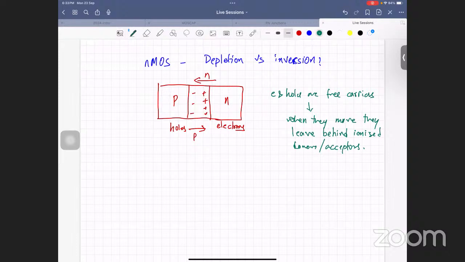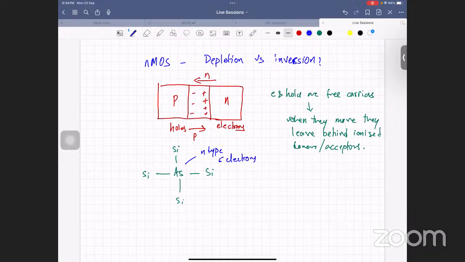Why is this? Think of a silicon lattice. Let's take an N-type, so an arsenic atom. In the silicon lattice, one of the silicon atoms has been replaced by an arsenic atom. Arsenic is an N-type impurity. Arsenic has 5 electrons in the valence shell.